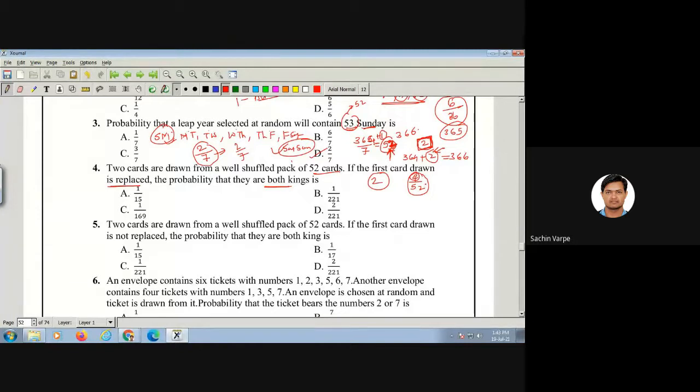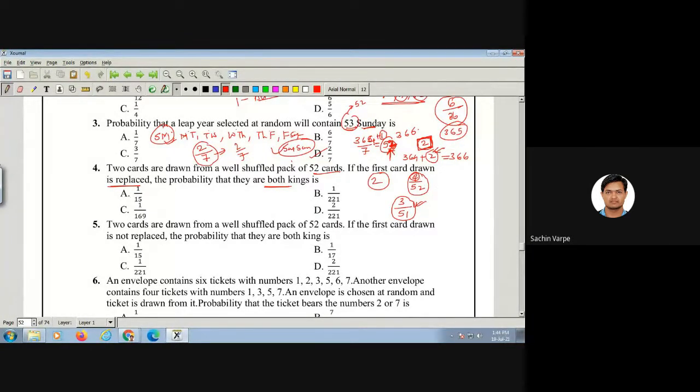Now, if I am not replacing the drawn king card in the first draw, then there will be 3 king cards in a total of 51. That would be the probability for the second draw if the first king card is not replaced.